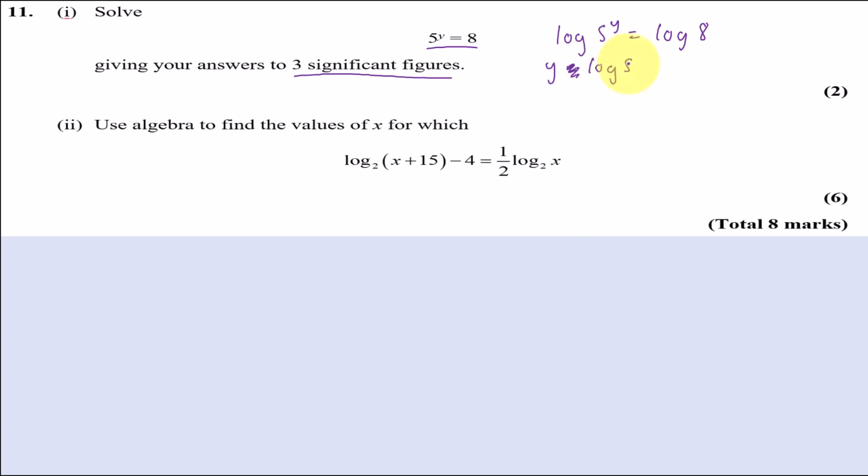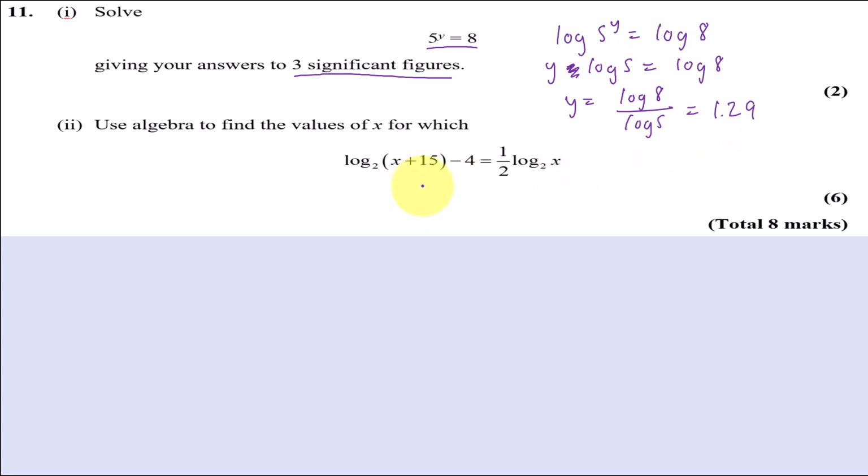That should not be an equals there. Equals log 8. So y equals log 8 divided by log 5. The easiest 2 marks you can get in A-level, most probably. So equals 1.29, because it asks for 3 significant figures. There you go.